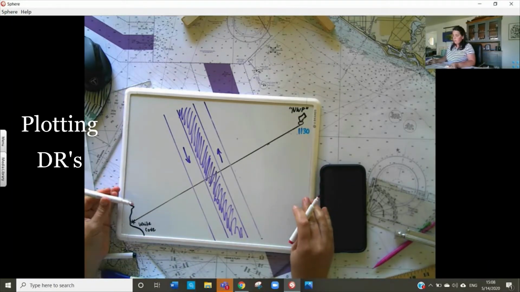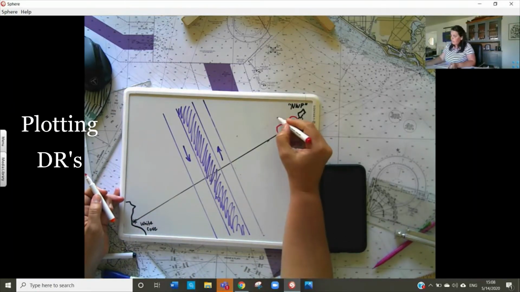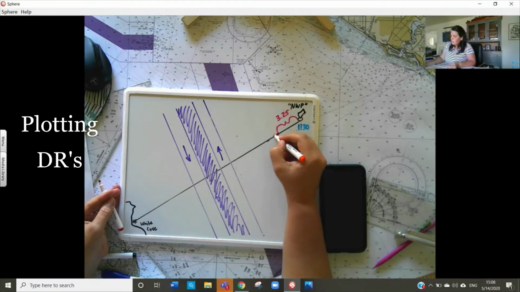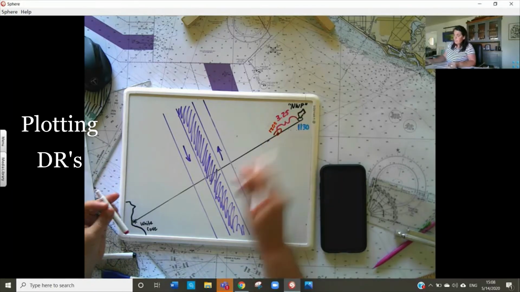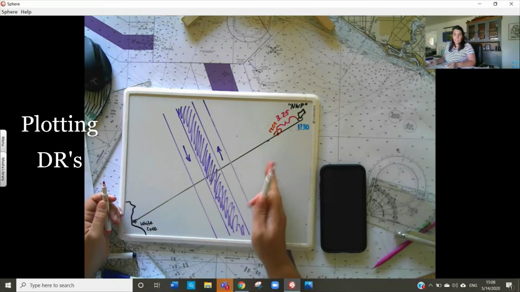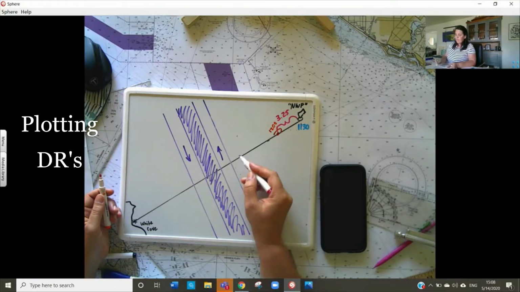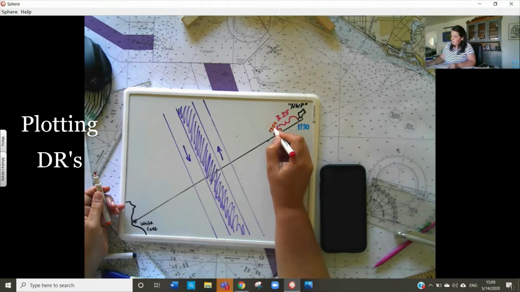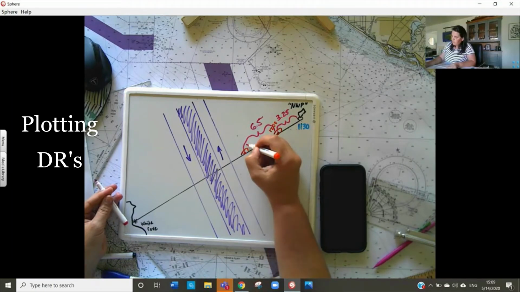Okay, I just cleaned this up a bit. So to our first DR, we have a distance of 3.25, and that gets us to noon. Then we have on the top of the hours. Our speed was 6.5, so our 6.5 nautical miles per hour to the top of the hour. So we have 6.5 to get us to 1300.